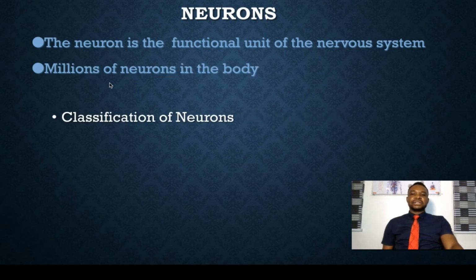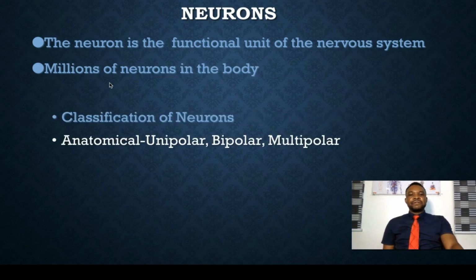Now, these neurons can be classified into various types. They can be classified anatomically, based on the anatomical structure, into unipolar, bipolar, and multipolar neurons. A unipolar neuron is a type of neuron that has just one particular process, whereas a bipolar neuron has two processes, and the multipolar neurons have several processes.